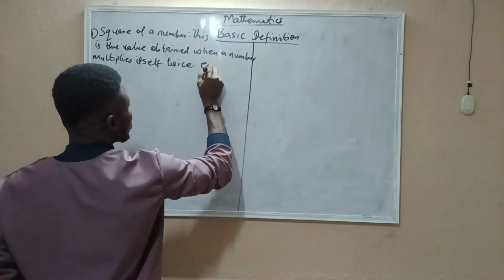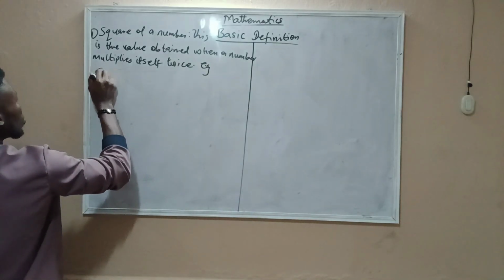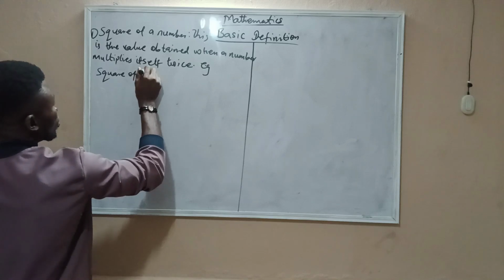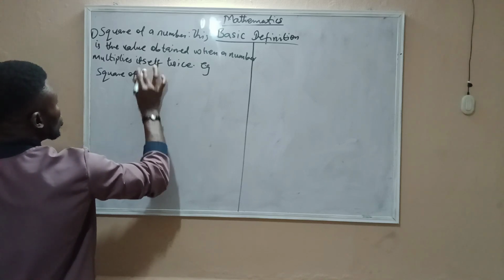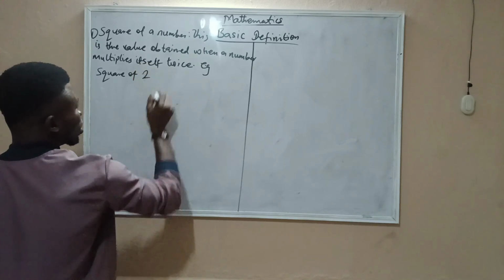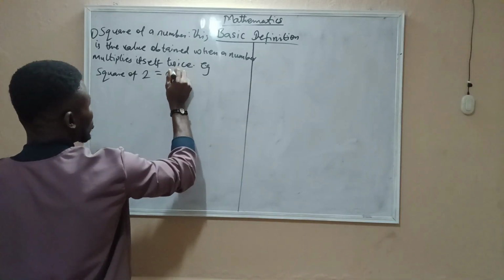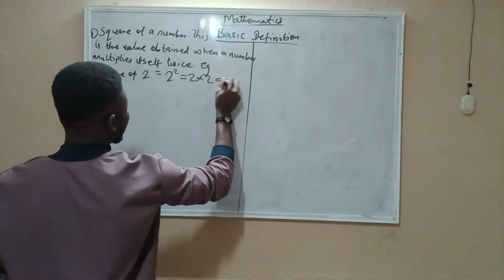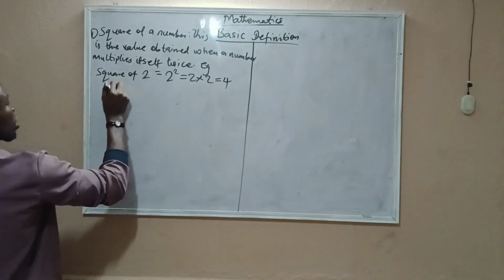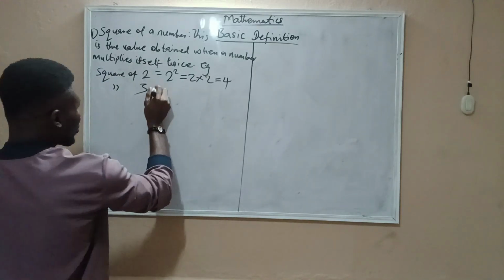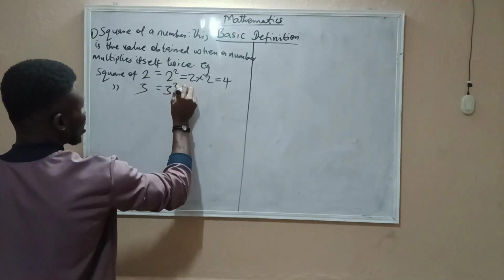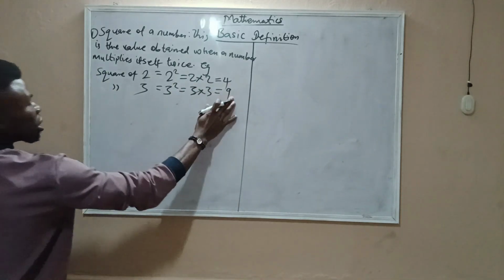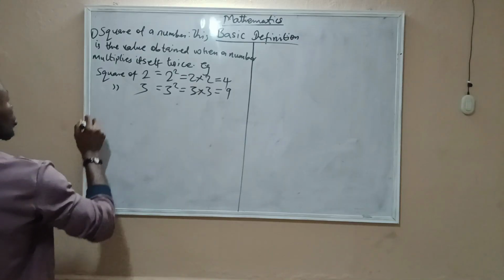Example, when you say square of 2, square of 2 can also be written as 2 square, which is just 2 times 2, that is 4. You can also say square of 3, that is 3 square, and that is 3 times 3, which is equal to 9.